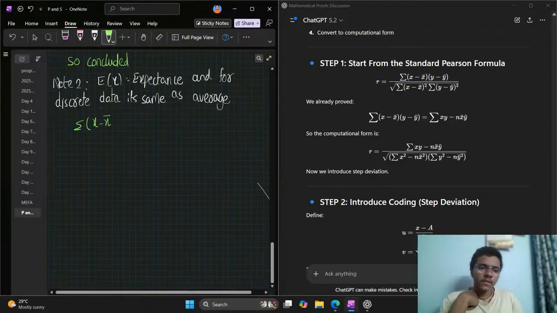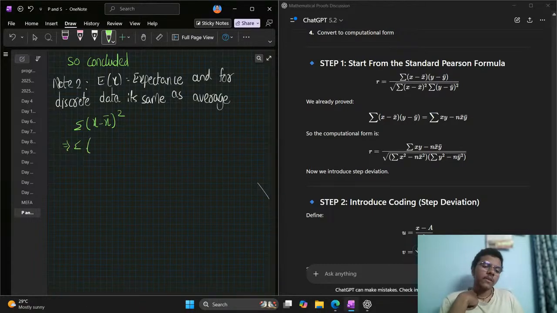Sigma of x minus x bar whole square. Let us use our classic identity, a minus b whole square, which is x square plus x bar square minus 2x x bar. So that will be sigma x square plus sigma x bar square minus 2 sigma x x bar.